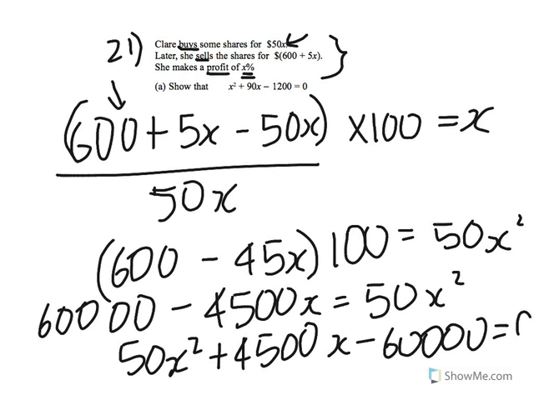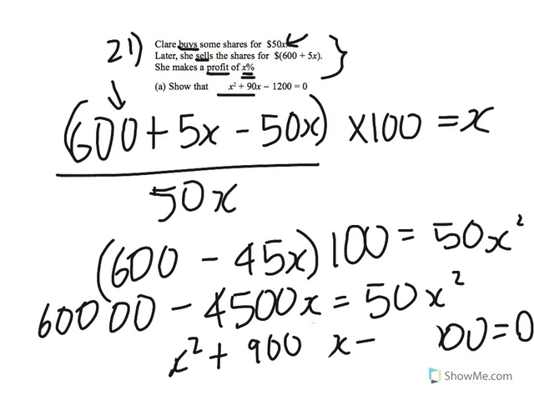It can just be written like this. Yeah? And now just divide the whole thing by 50, because you need to get it in terms of x squared. So what's going to happen is this is going to become x squared. 4,500 divided by 50 is actually 90. And 60,000 divided by 50 is actually 1,200. So there is your quadratic equation.